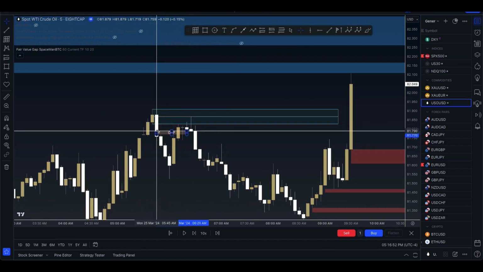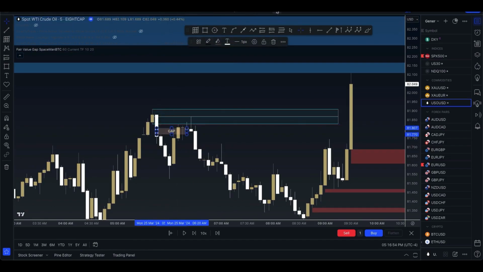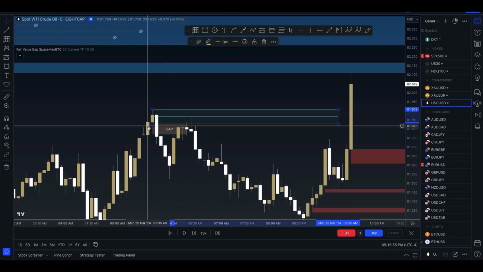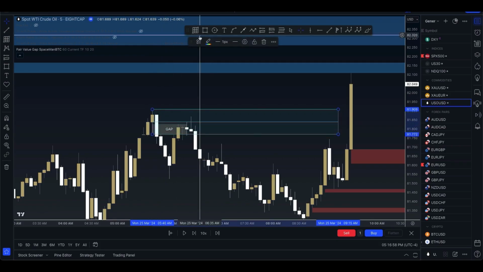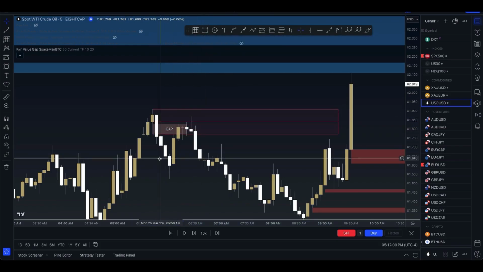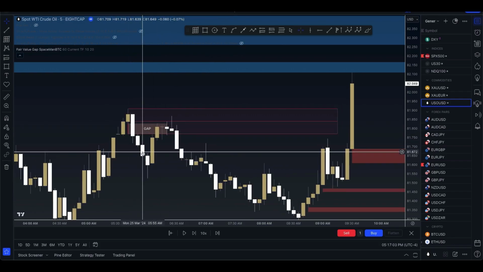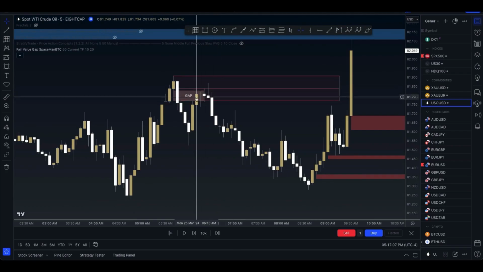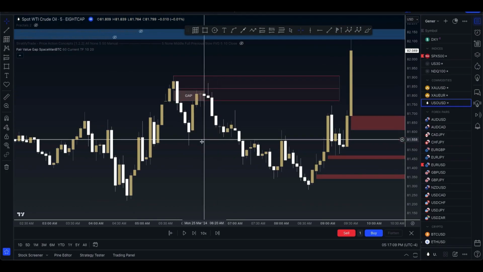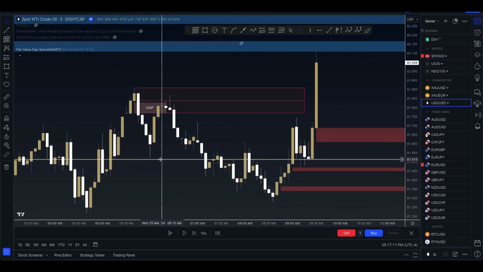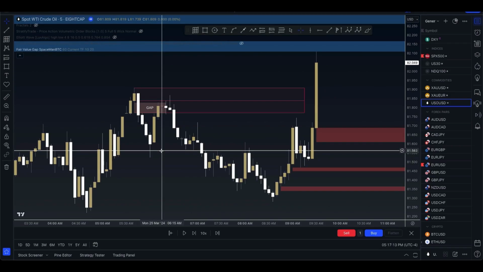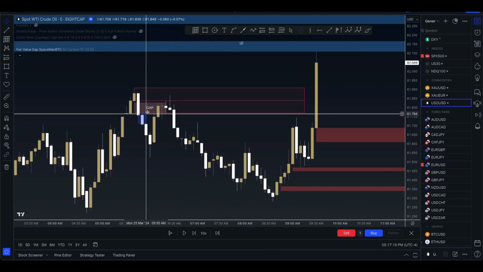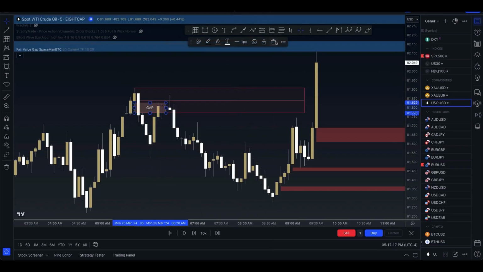I'm just going to draw my supply zone from here to that gap, covering that part of the gap. And guess what, you could still get in at a really good price level and then continue to ride it down, right? It's all up to you. These are just a few little things that you can try to mitigate those losses of not getting tagged into a trade.